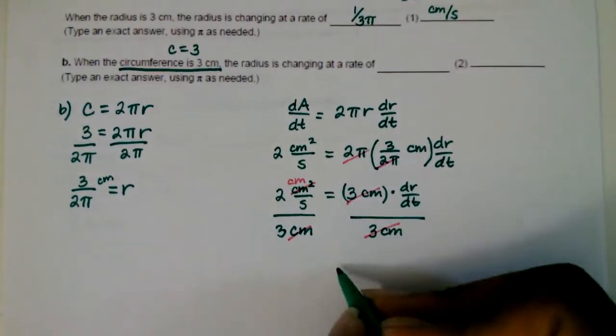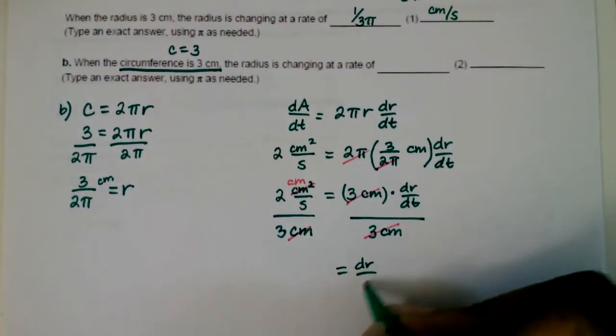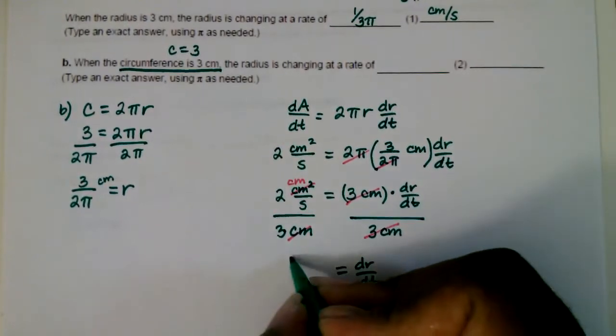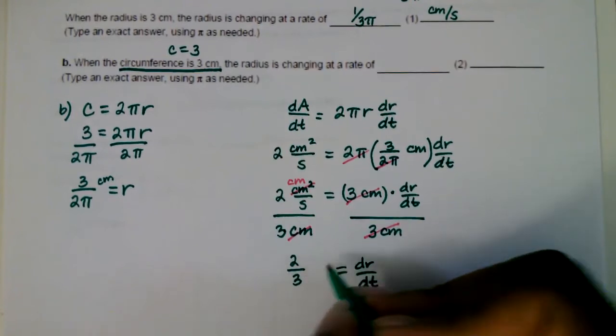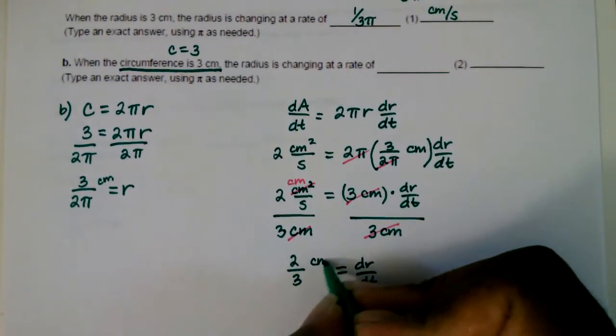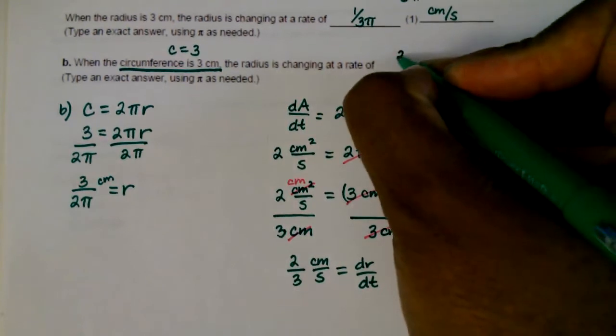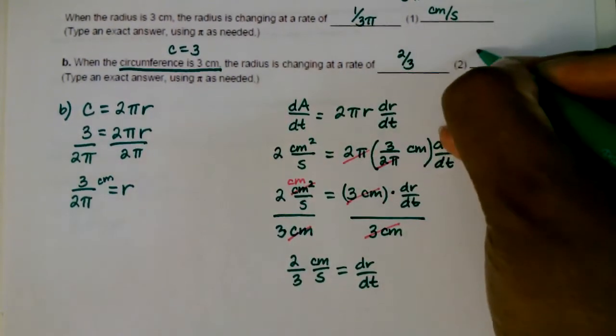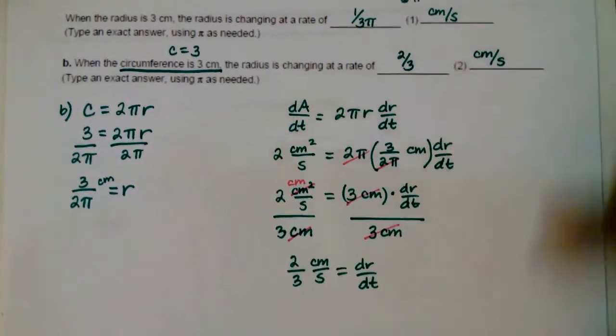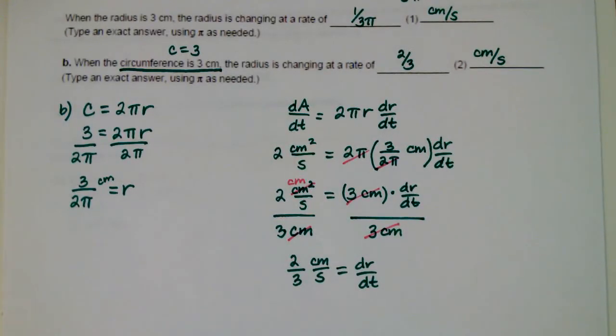So my final answer for dr/dt would be 2/3 centimeters per second. So when the circumference is 3 centimeters, the radius is changing at a rate of 2/3 centimeters per second. Again, a drop-down menu will be provided there as well.